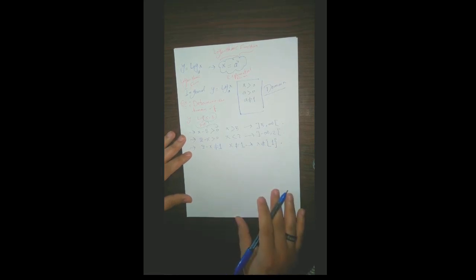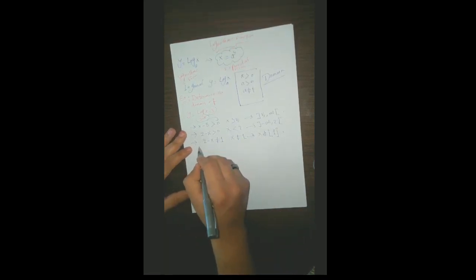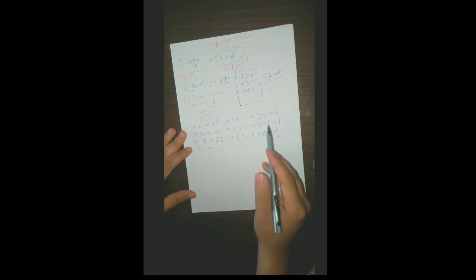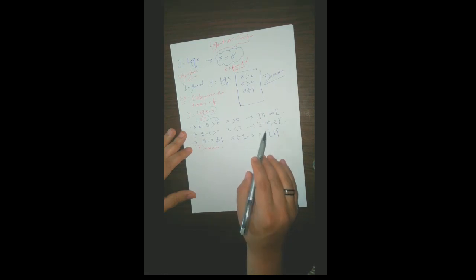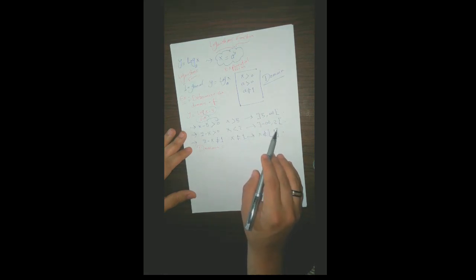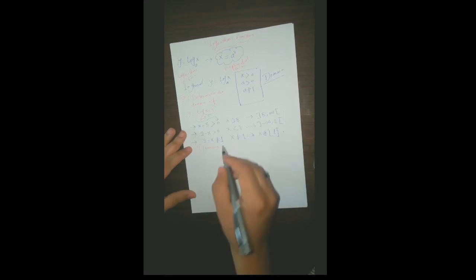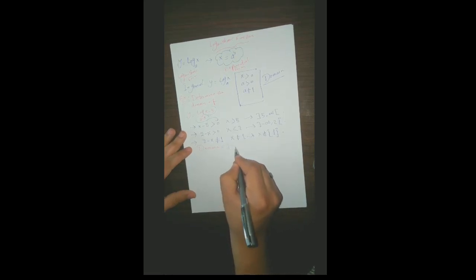Taking the intersection of the three sets, the domain equals the intersection of (5, infinity) and (negative infinity, 2), and then if we remove 1 from them, we get from 2 to 5.